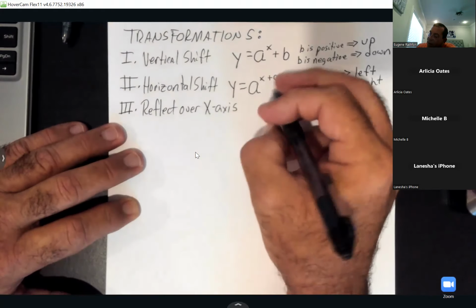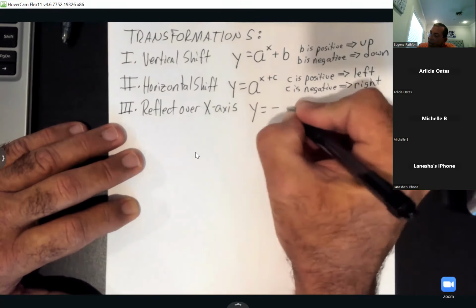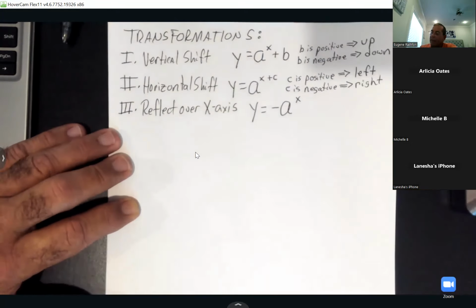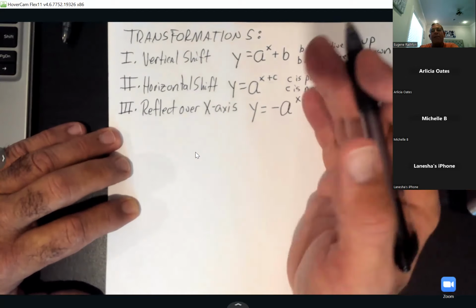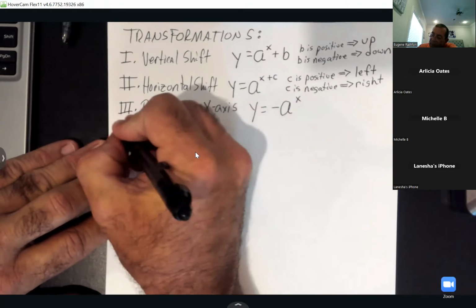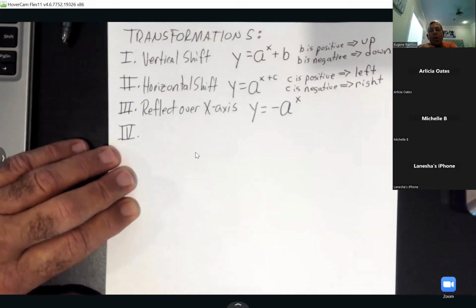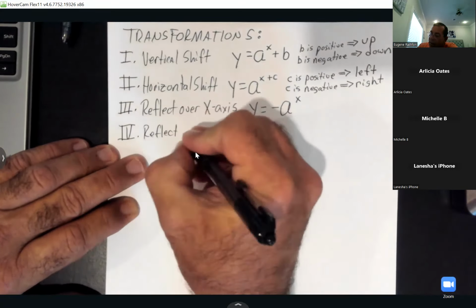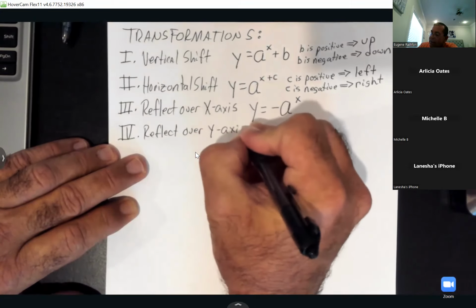And y'all remember, to reflect over the x-axis, I'm going to have y equals negative a to the x. So remember, if I put a negative in front of my function, it flips it over the x-axis. So y'all, the new one will be reflect over the y-axis.